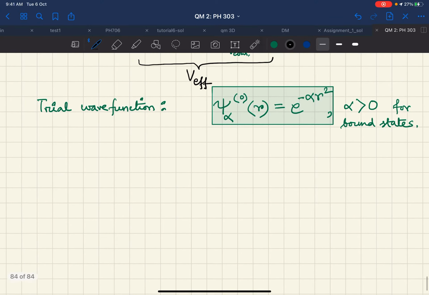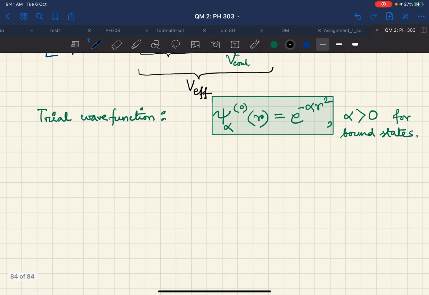So the first thing, as I said, there are 3 different steps. You first figure out the inner product of psi alpha, then the expectation value of the potential energy operator, and then the expectation value of the kinetic energy operator, and then finally you figure out the expectation value of the Hamiltonian, and from that you figure out the upper bound on the ground state energy.